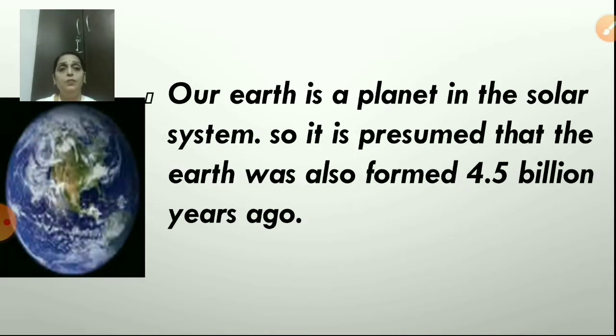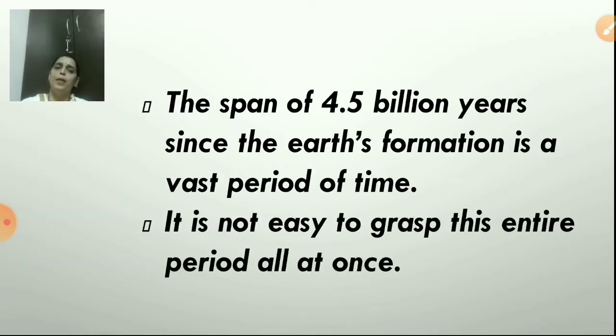Now we'll see our Earth. Our Earth is a planet in the solar system, so it is presumed that the Earth was also formed 4.5 billion years ago. The span of 4.5 billion years since the Earth's formation is a vast period of time.